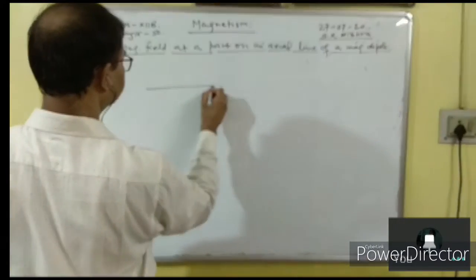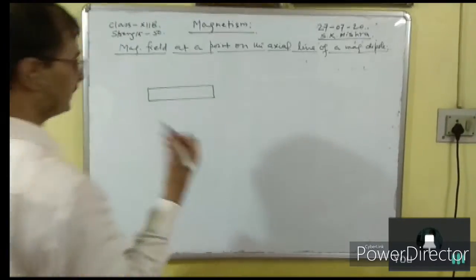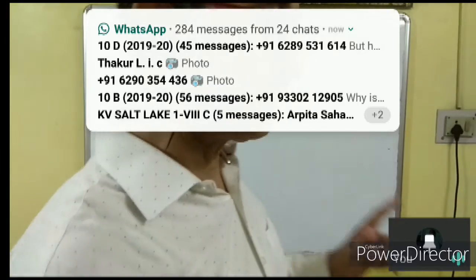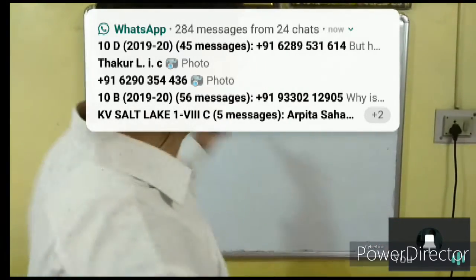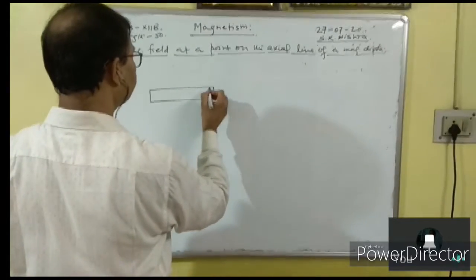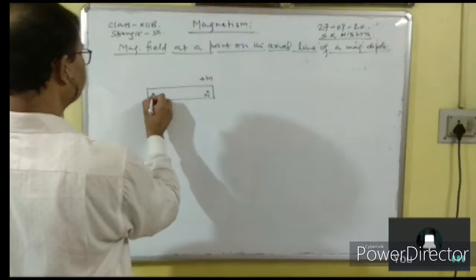Here the net dipole moment makes an angle of 30 degrees with m1 or m2 because it will certainly lie along the angle bisector. So the angle is 60 degrees, so it will be divided into 30 degrees each. Clear? Am I clear to you? Yes or no? Yes, sir.